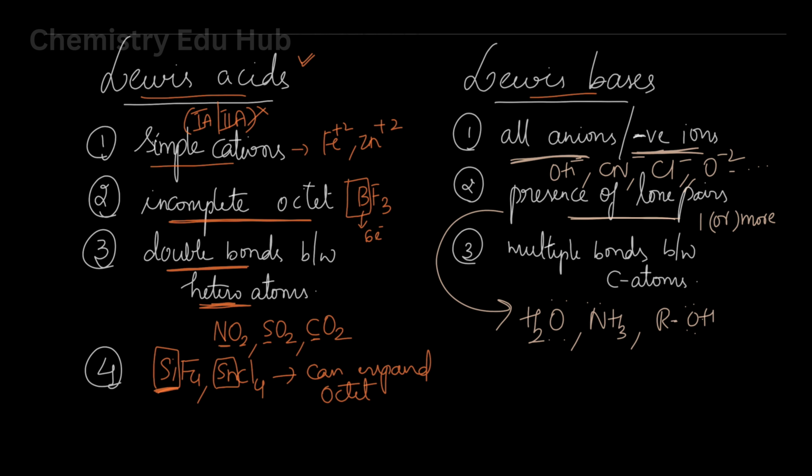And the multiple bonds between carbon atoms. Between carbon atoms, if there is a double bond, you call it an alkene. If there is a triple bond, you call them alkynes. Because of their multiple bonds, they can donate this pair of electrons and can act as Lewis bases. So these are a few sets of molecules which can act as both Lewis acids and Lewis bases.